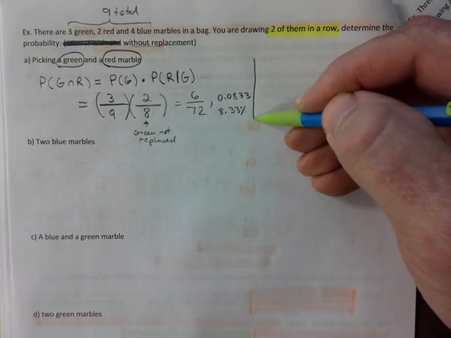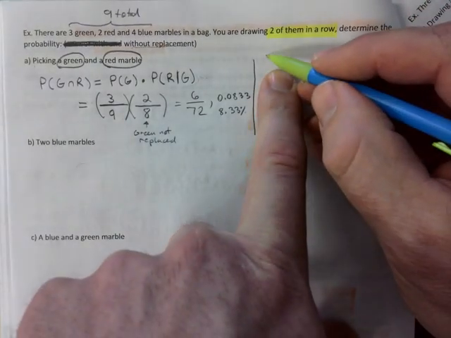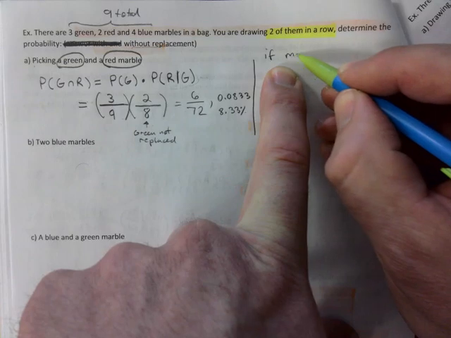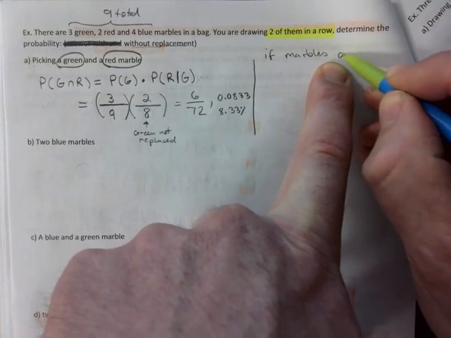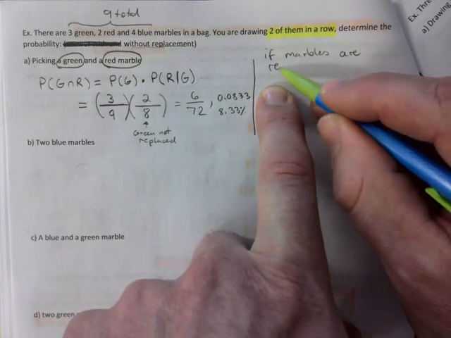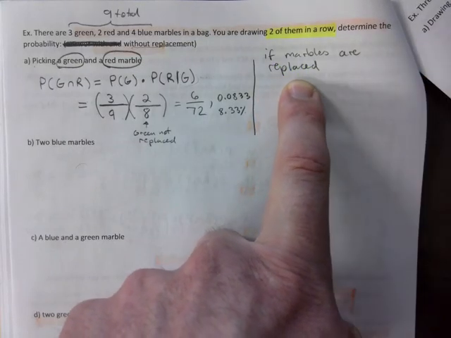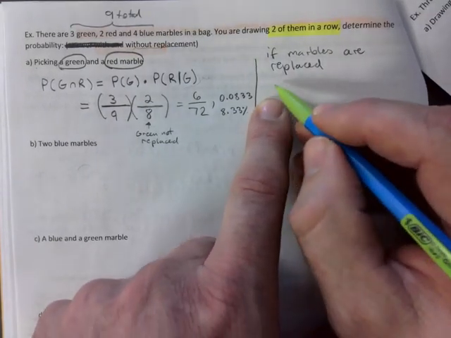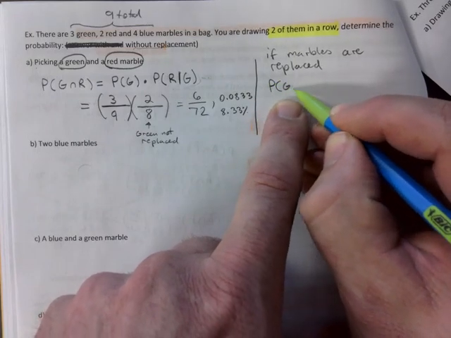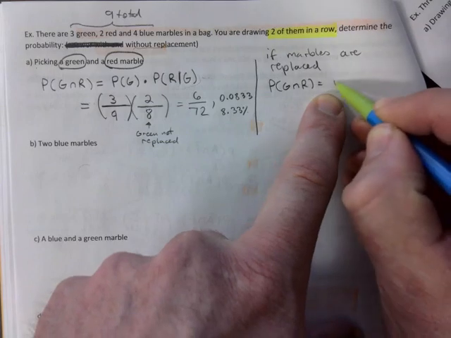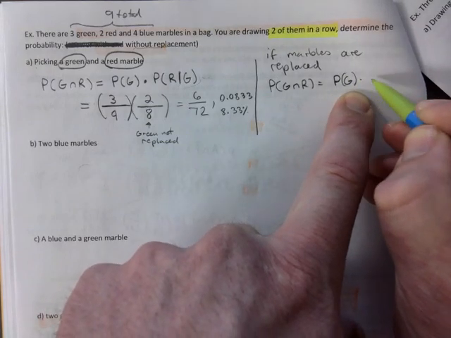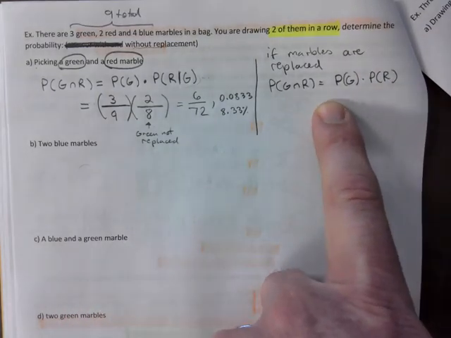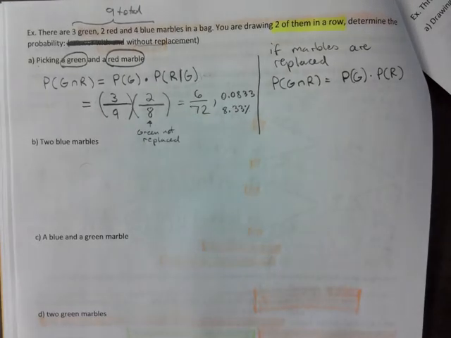How would this change? I will just do one. If marbles are replaced, then P of G and R is just going to be P(G) times P(R). That's it, because nothing is affecting the other one.